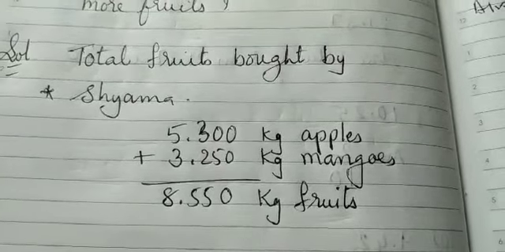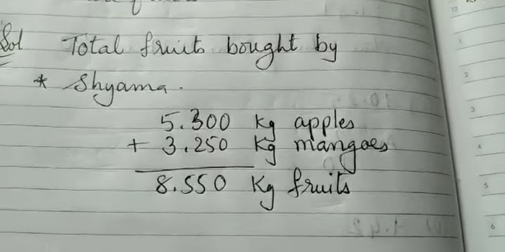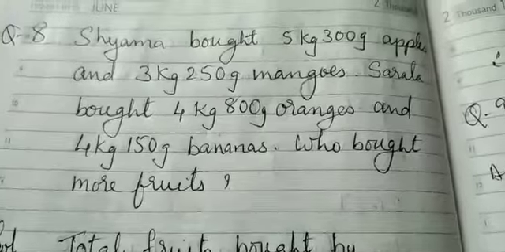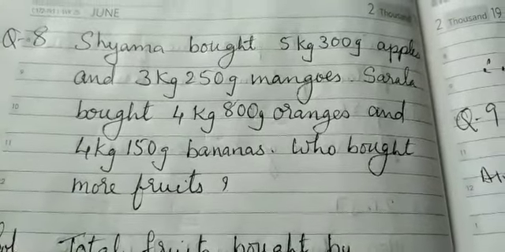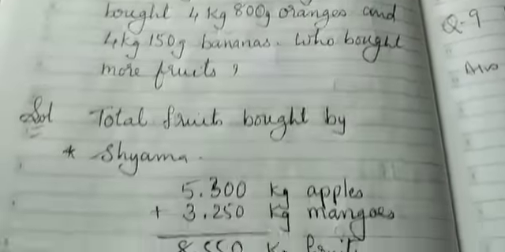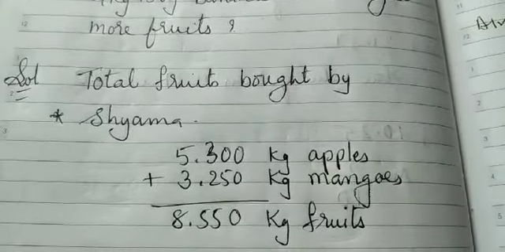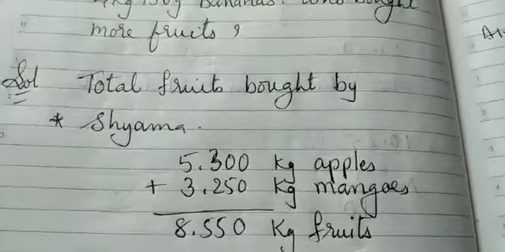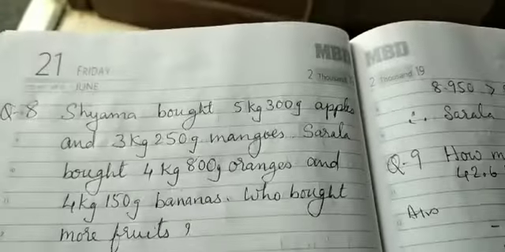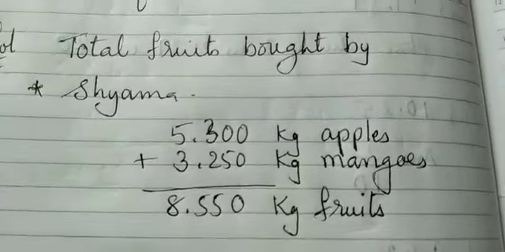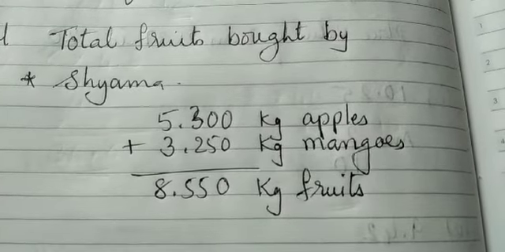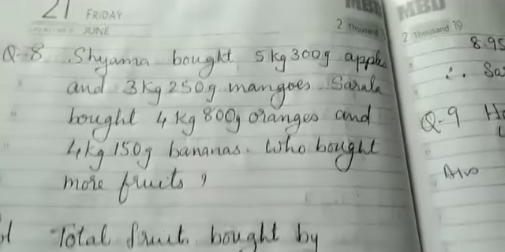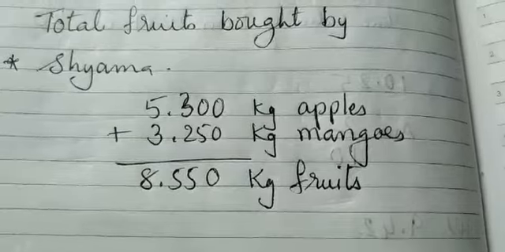So total fruits bought by Shyama, calculate. I have converted 5 kg 300 gram in decimal. I have expressed in decimal form, decimal number. So kg goes before the decimal point and grams goes after the decimal point. 5.300 kg apples and 3.250 kg mangoes.